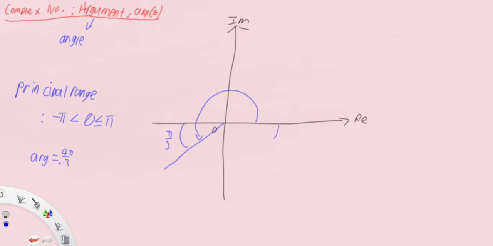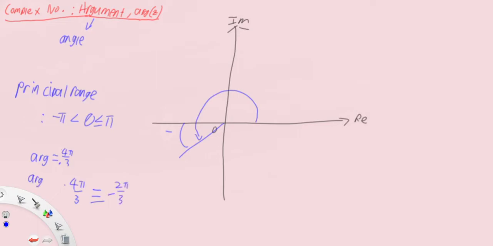I look at it the other way around. In the clockwise direction, pi minus pi over 3 is 2 pi over 3, so clockwise it is minus 2 pi over 3. So if your argument for a complex number is 4 pi over 3, it is congruent or equivalent to minus 2 pi over 3.